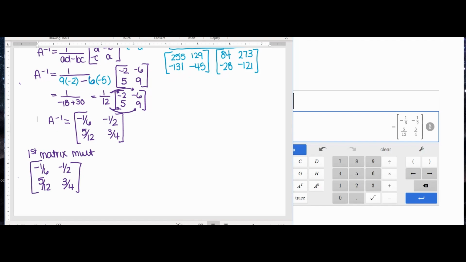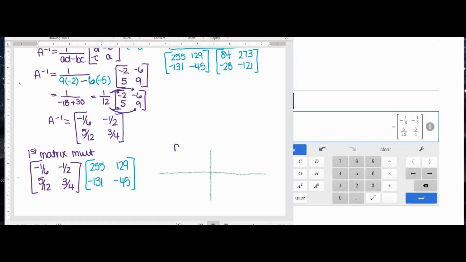And we're going to multiply that by our second matrix: 255, going down, negative 131, coming up, 129, negative 45. We have a 2 by 2 times a 2 by 2, which means we're going to wind up with a 2 by 2. If you're comfortable doing it this way, you can. Otherwise, you can do your own method as long as you show your work.